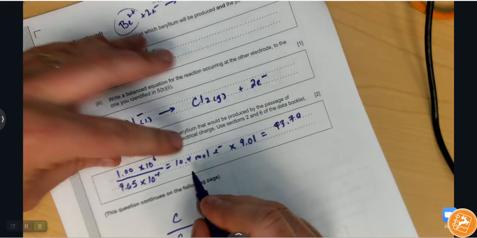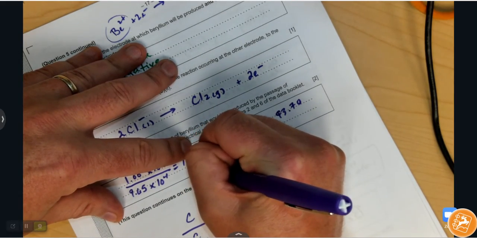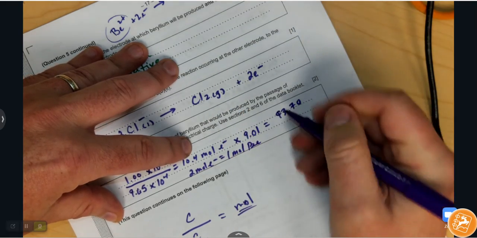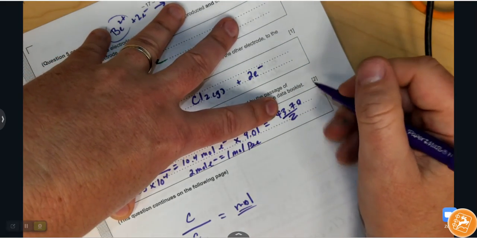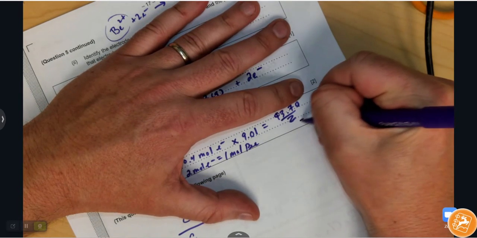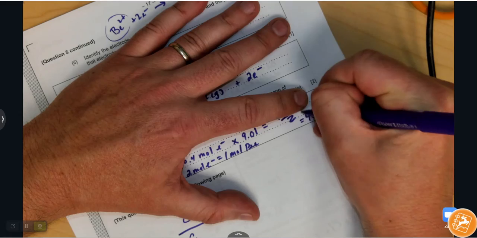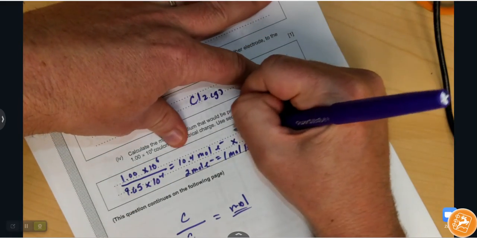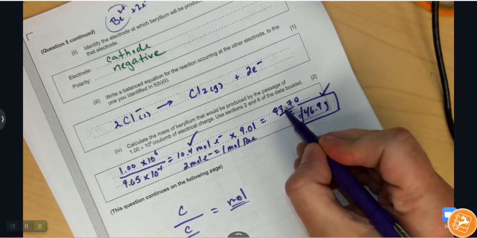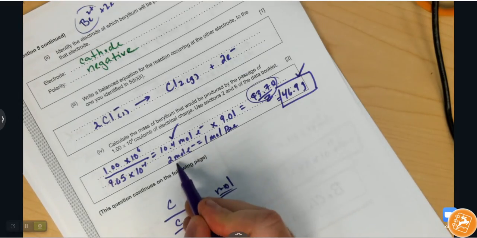But remember, it takes 2 moles of electrons to produce 1 mole of beryllium. So we've got to divide that by 2. And that divided by 2 gives us 46.9 grams. Tricky. It's 2 marks. You probably get 1 for that, and then the second one for that. A lot of kids are probably going to give this as the answer because they don't consider that.